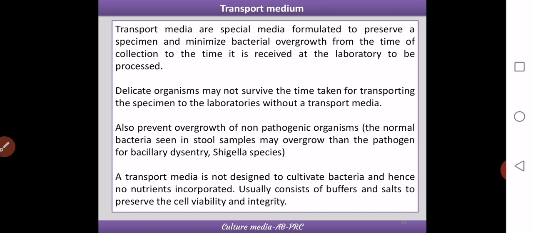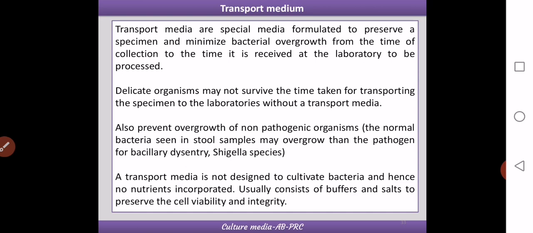By definition, it is a special media formulated to preserve a specimen and minimize bacterial overgrowth from the site of collection to the site where it is received at the laboratory to be processed. On the slide it says time, but that is wrongly typed. Okay, even if it is time, you will get the meaning, right?